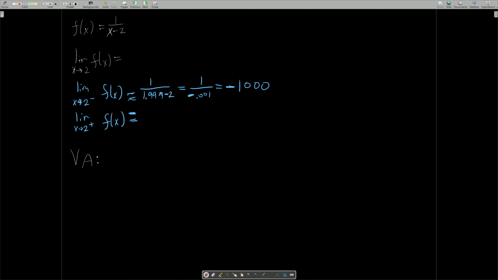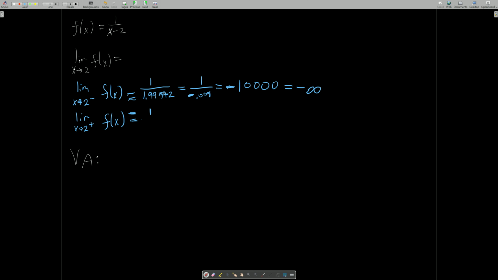And if you use 1.9999, then it would be negative 0.0001, which turns out to be negative 10,000, and keep going. You can see the numbers just keep getting bigger and bigger, but negative. So the limit as x approaches 2 from the left is negative infinity.